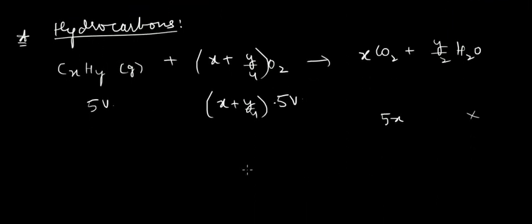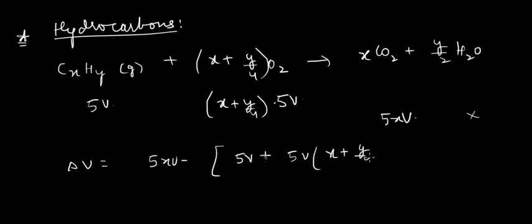Okay, so we can easily see that delta V would be V final, which is 5xV, and V initial, which is 5V plus 5V into x plus y by 4.